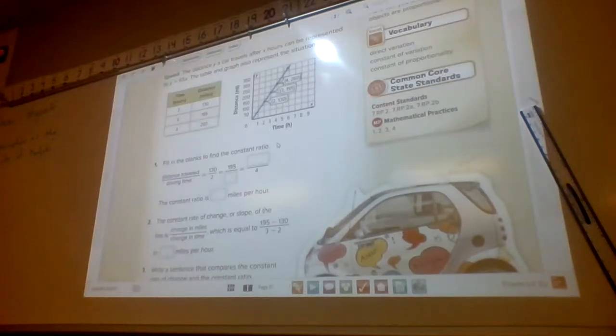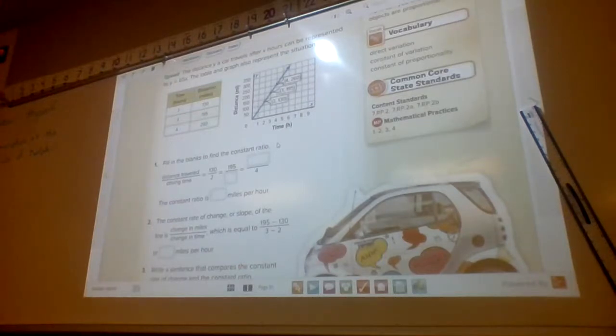Not 65 hours. Think about it. We're driving, right? What does the number 65 have to do with driving? That is saying that you can go so many miles by driving 65 miles for every hour.